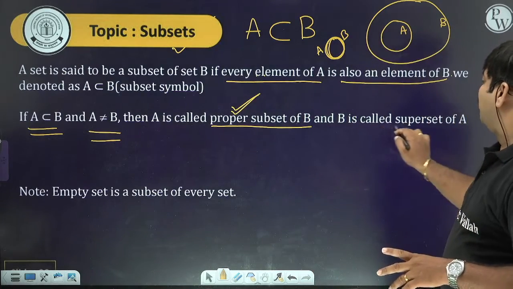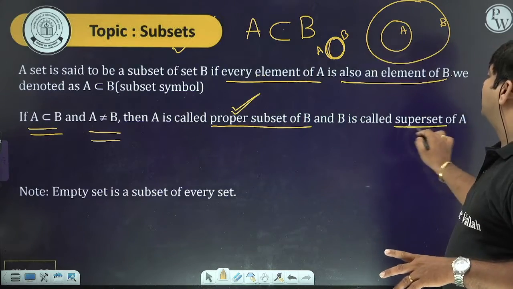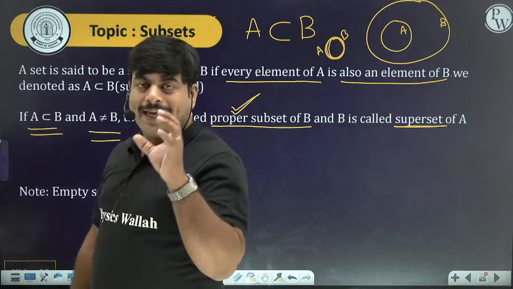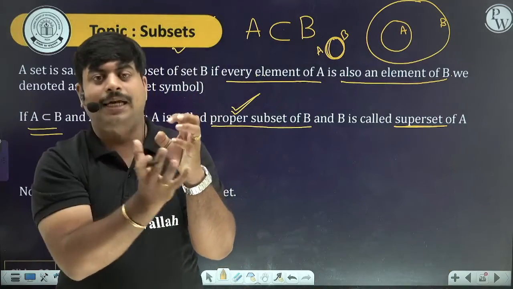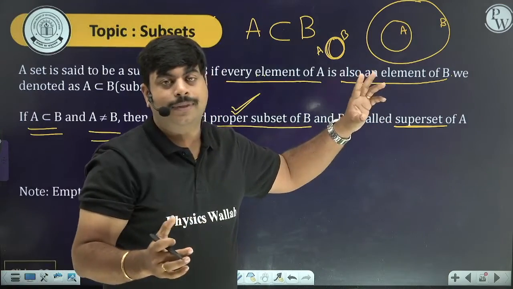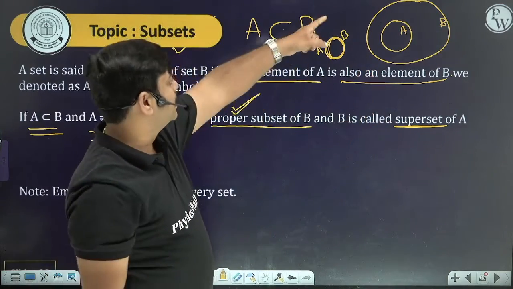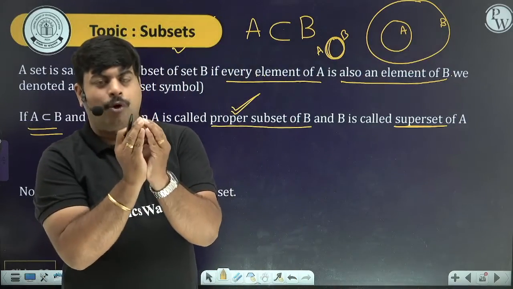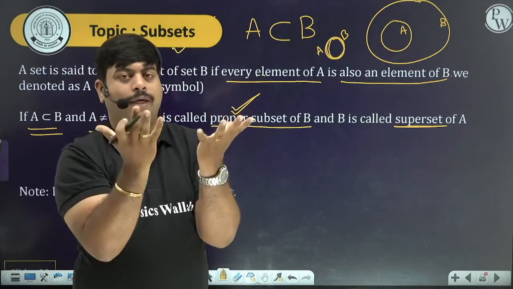And B is called the superset of A. When A is small, B is the bigger set. So this bigger set is called the superset. Here B is called the superset. Subset is a small one. Superset is a bigger one.